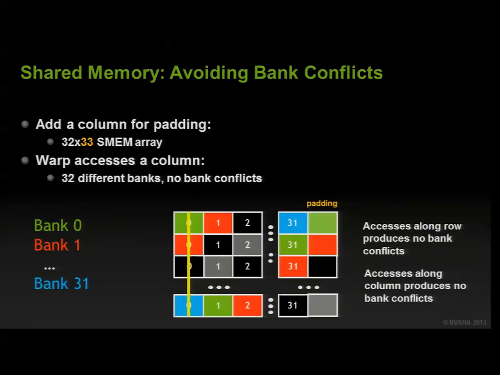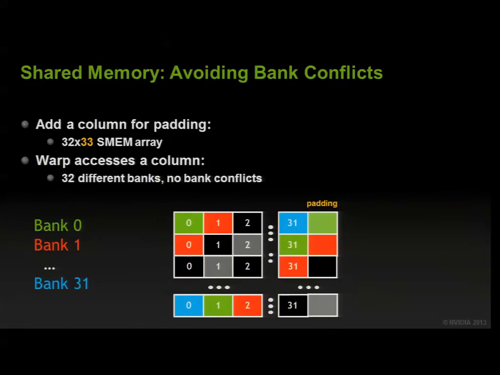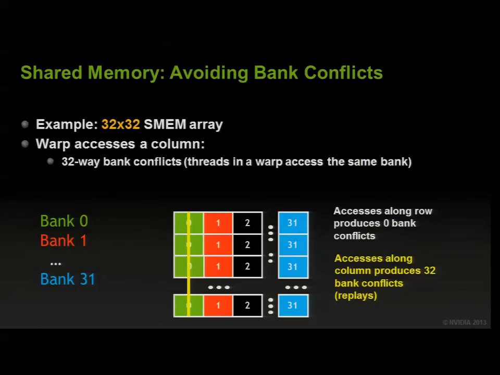But the benefit is that in the particular case where you access across the column and everybody hits the same memory bank, the hardware has to issue first an instruction for thread number 1, then an instruction for thread number 2, for thread number 3. It is always a separate memory fetch, and that just takes a lot of time. So removing this can speed you up quite a bit.